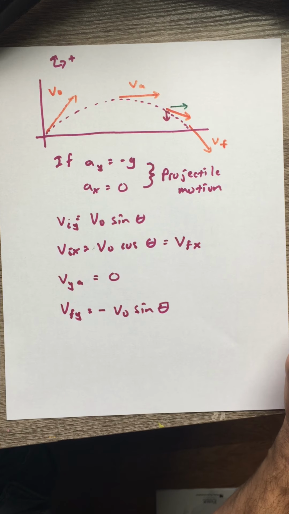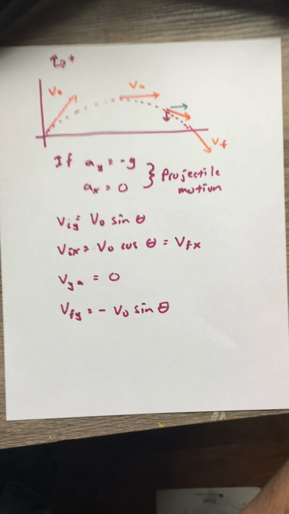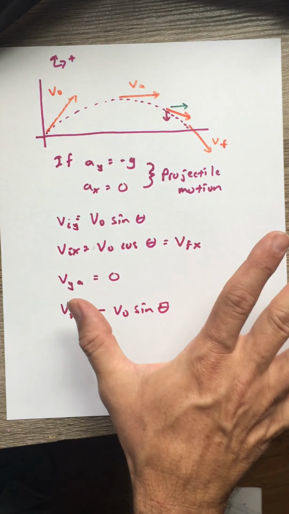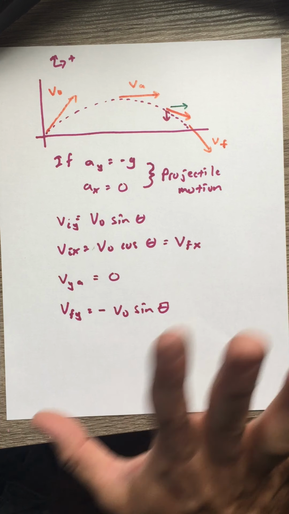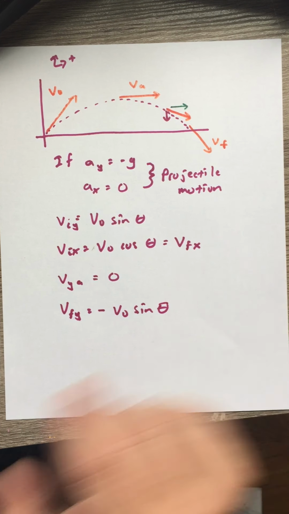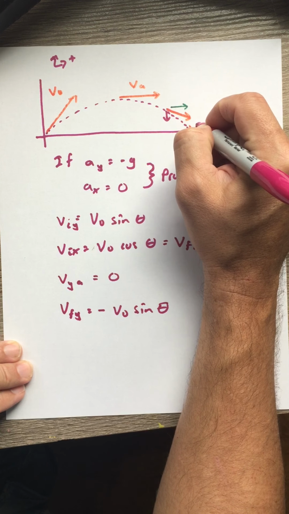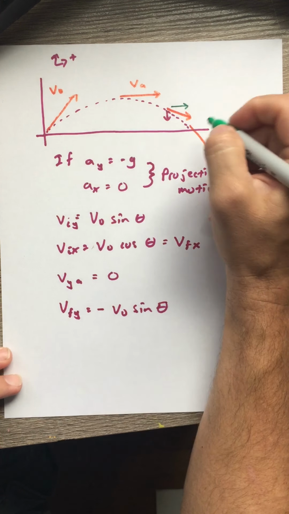Now, what do I do with all these angles? Well, I know that I'm going to have to put them together at some point, because if I'm taking the motion apart and analyzing it in the x direction and the y direction separately, I'm probably going to have to put it back together at some point and figure out angles. And so I do that just like I've done all the other vectors.